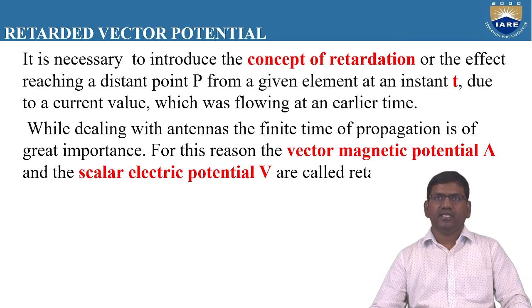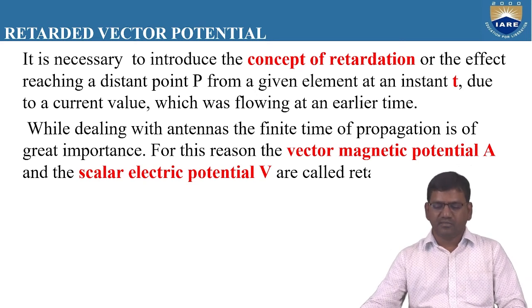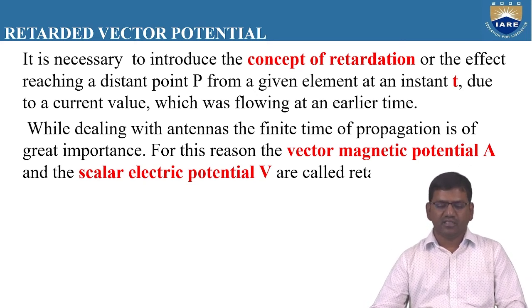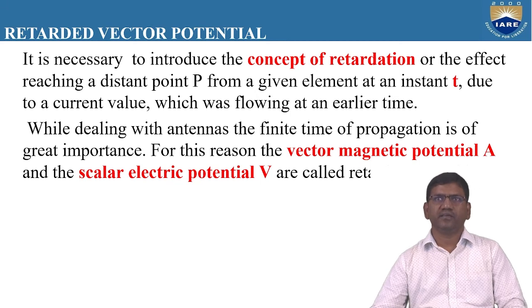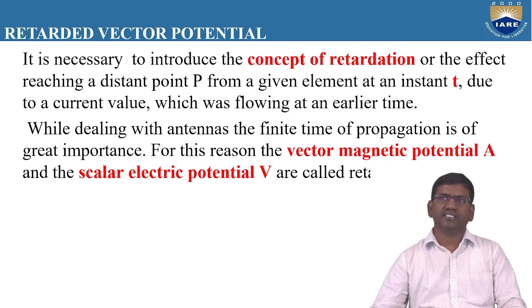So here it is necessary to introduce the concept of retardation. That means the effect of reaching a distant point P from a given element at a distance, due to a current value which was flowing at an earlier time.